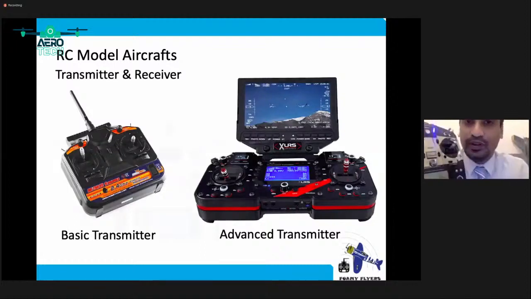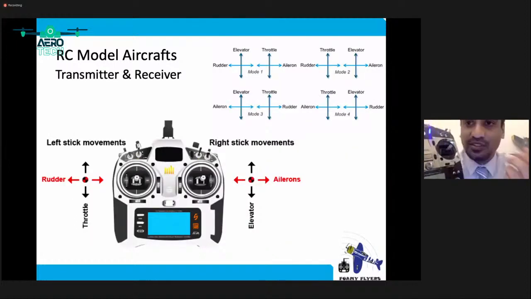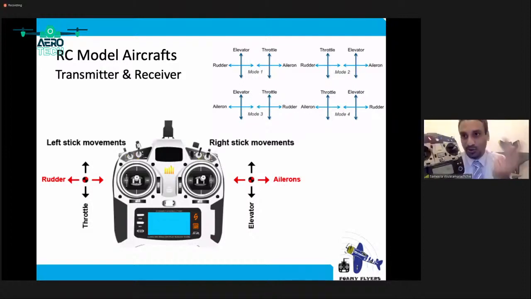When you're choosing a transmitter, the first thing you need to know is what mode the transmitter is. There are 4 modes, but normally what we use in Sri Lanka is mode 2. Mode 2 is basically the throttle lever on this side and rudder is also here, and elevator and ailerons are on this side.